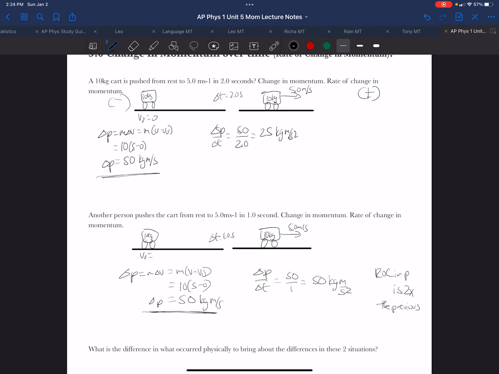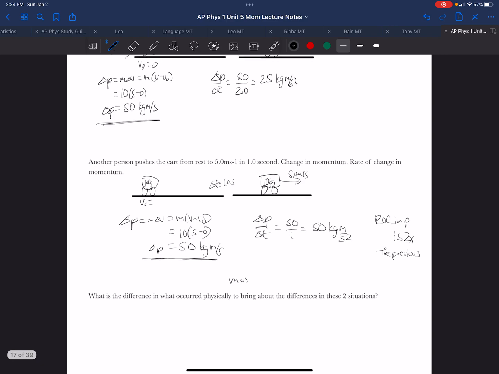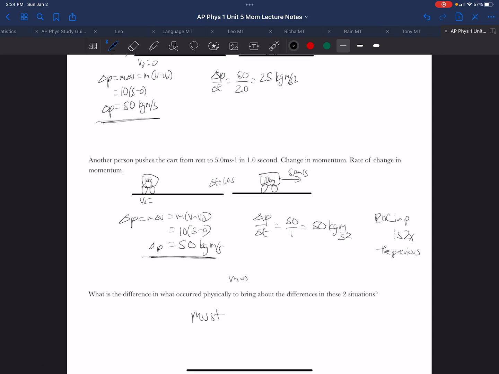Now, if you put yourself in the place of the person doing this, we have a person that pushes this cart and accelerates it. This one does the same acceleration, but in half the time. They must push 2 times as hard to do it in 1 second.